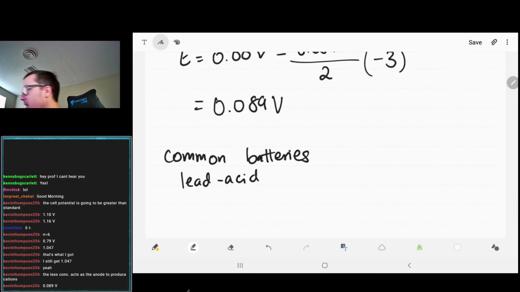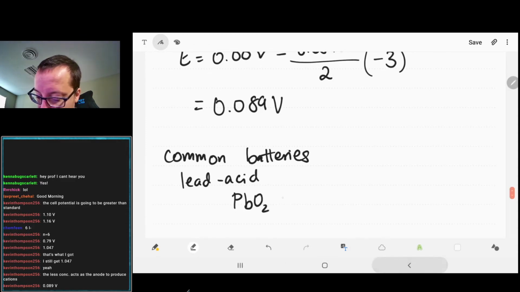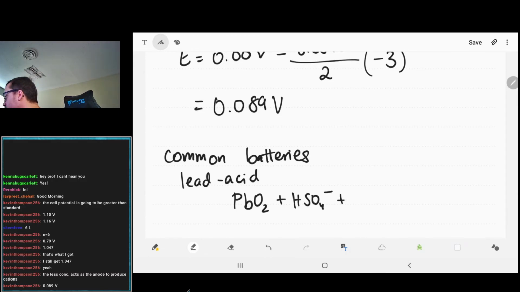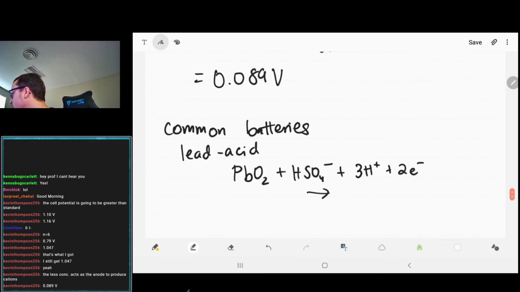Crazy equation here. We have lead 4 oxide plus hydrogen sulfate plus how many electrons? 3 hydrogens plus 2 electrons, turning into lead sulfate and water.